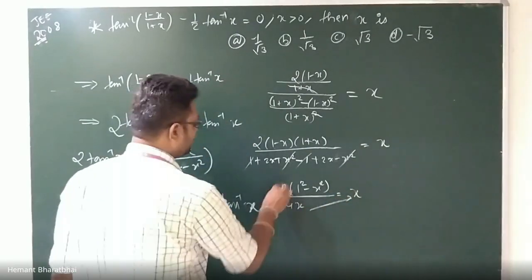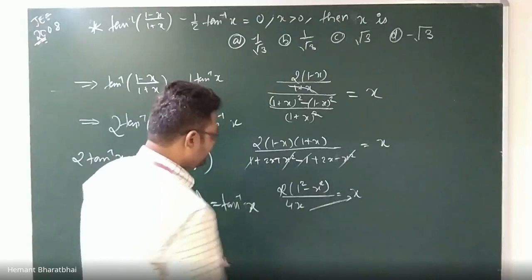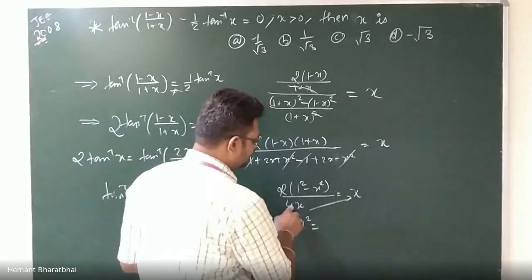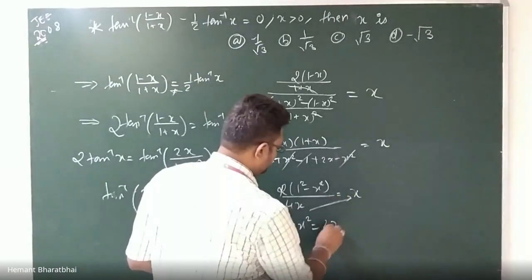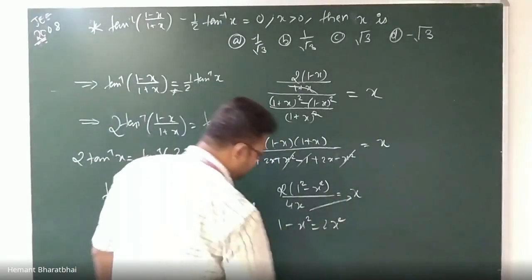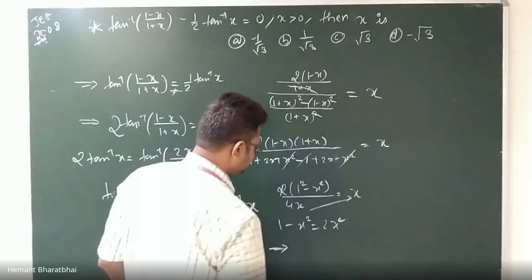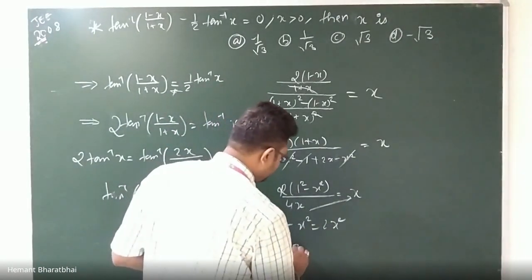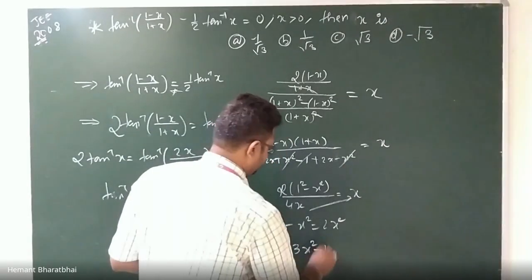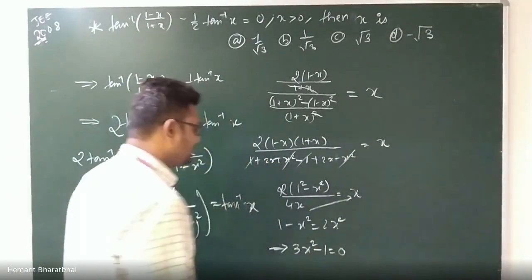This x will go over here, 2 1s are 2, 2 2s are 4. So I'll get 1 minus x square is equal to 2x square. If I take these terms over there, I'll get 3x square minus 1 is equal to 0.